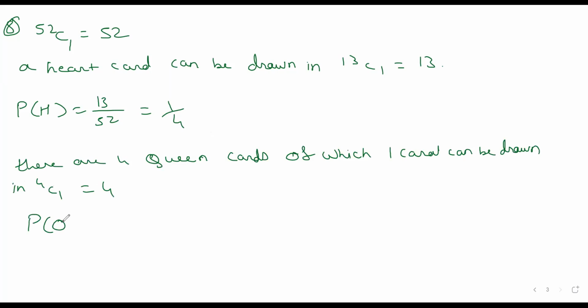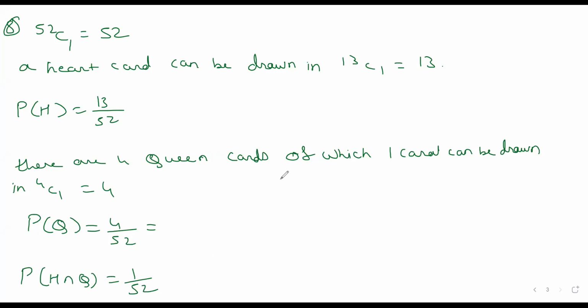So we can draw queen card in 4 by 52. I will keep it as it is, I will not simplify, क्योंकि 52 एक कॉमन है। अच्छा, एक कार्ड है जो क्वीन भी है और हार्ट भी है। ओके, सो H इंटरसेक्शन Q 1 by 52.